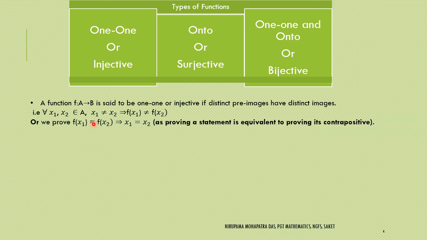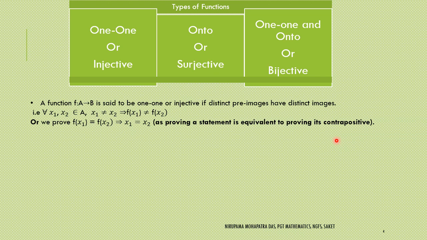It means proving the statement is equivalent to proving its contrapositive. So what is the contrapositive of a statement? Do you remember? The contrapositive of a statement is the negation of the converse of the statement.